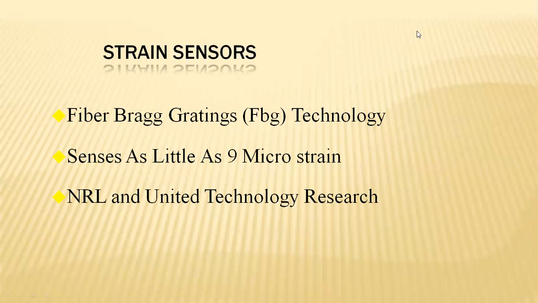Strain sensors. Coming to the strain sensors, fiber Bragg grating technology is used for identifying deformations. Upon these deformations, we analyze the strain occurring within the sensing devices and give feedback to the controller so that the nominal mode of operation is changed.